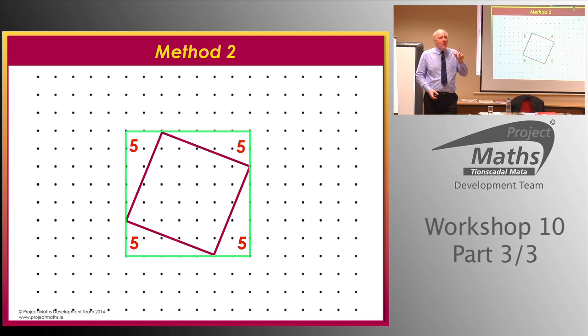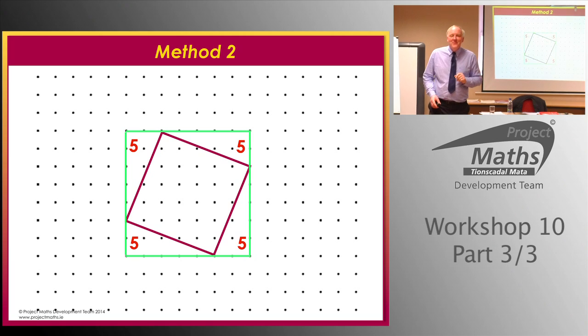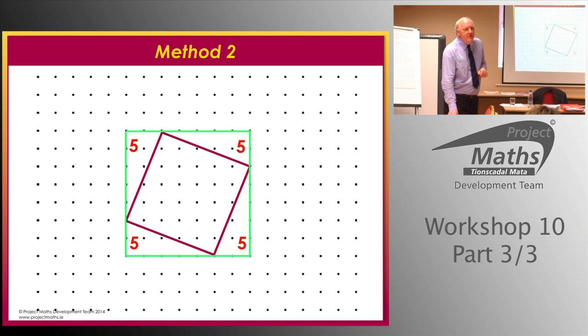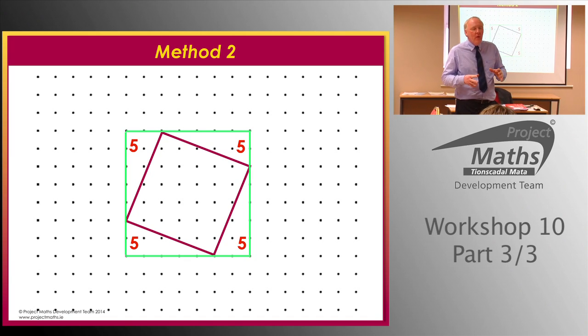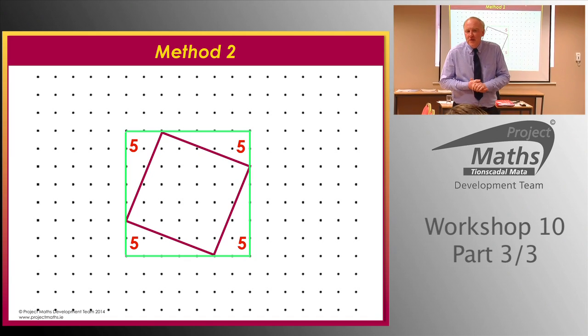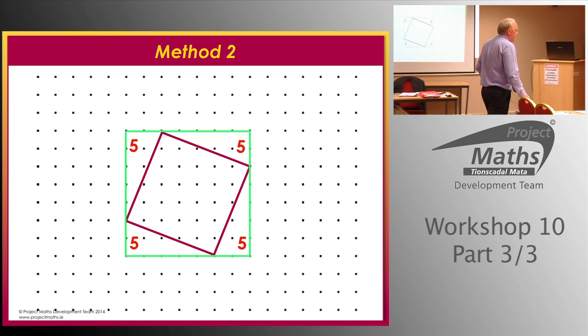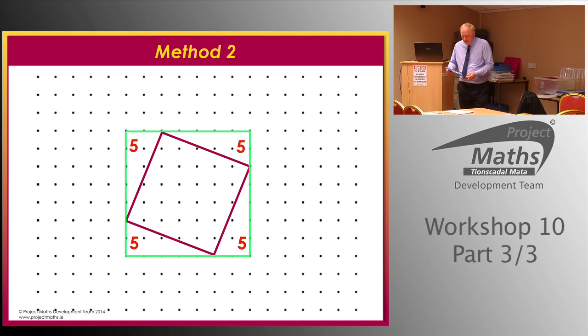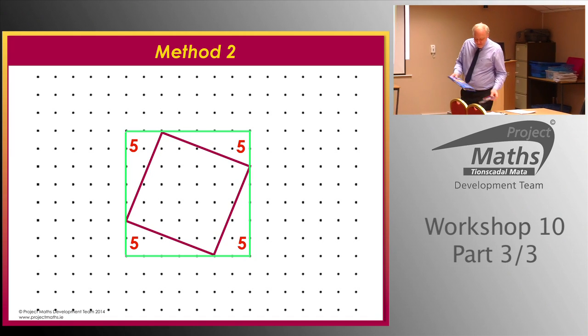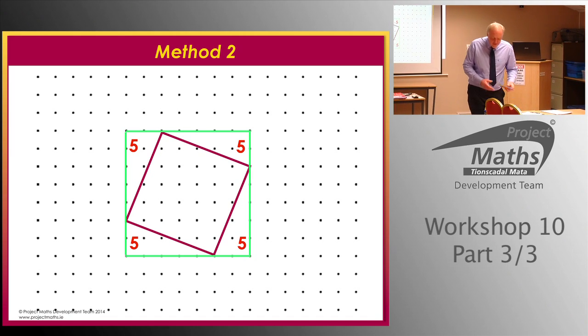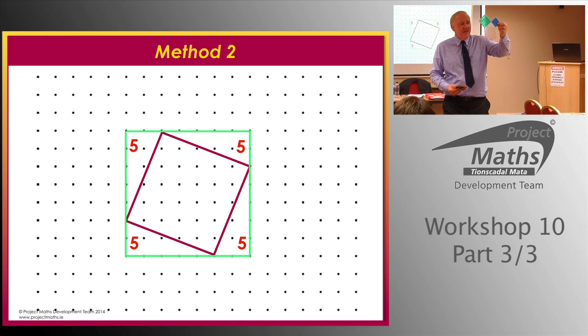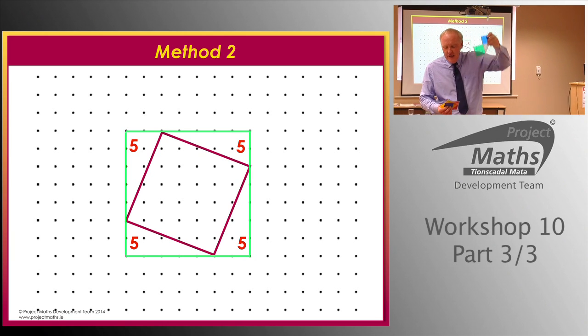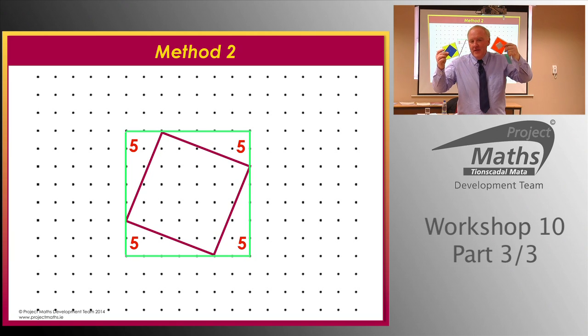Now, could we come up with a third one? This is a kind of a dissection method again. Could we come up with a third method? And we have nice little ones there, showing Pythagoras, with the tiles and the methods inside.